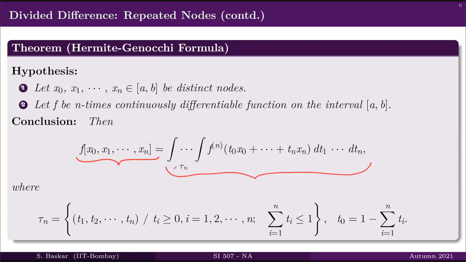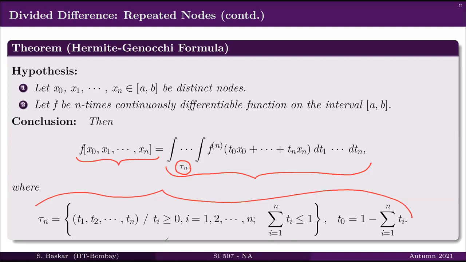You can see that this is a multiple integral over a set which is denoted by tau n, and the set tau n is given by this expression. We will have to first understand how this set looks like.